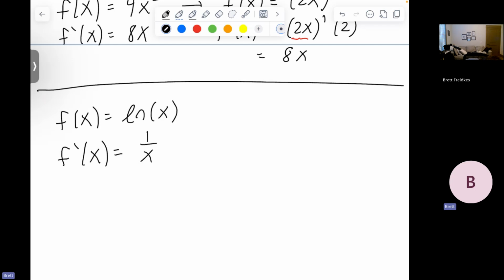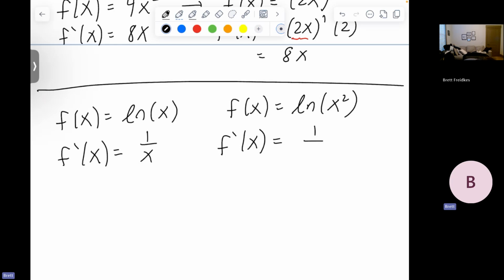If I were to do ln of, let's say, x squared, the derivative of this is 1 over the inside times the derivative of the inside part. So the derivative of this argument here is going to be 2x. This ends up being 2 over x.